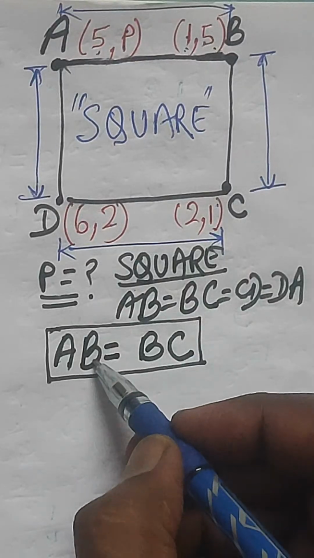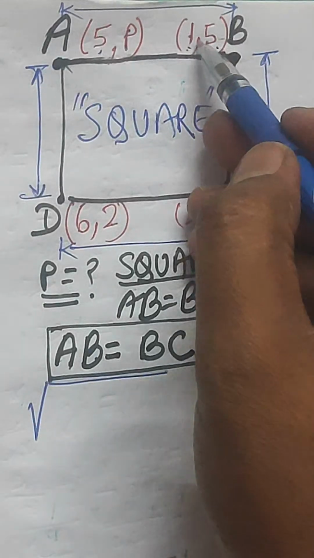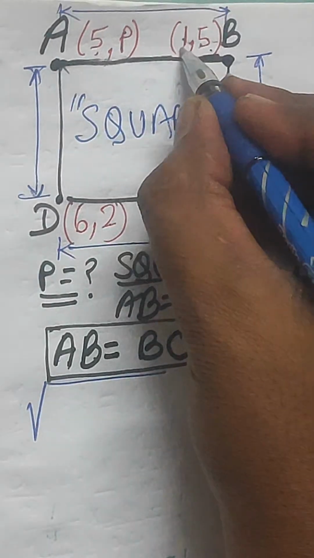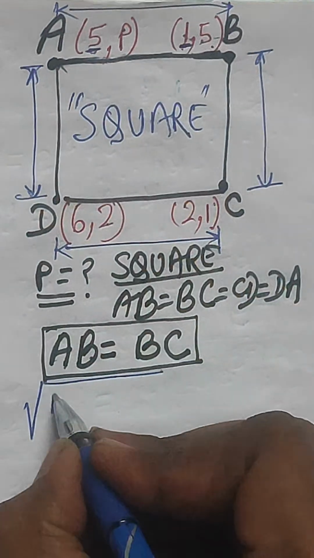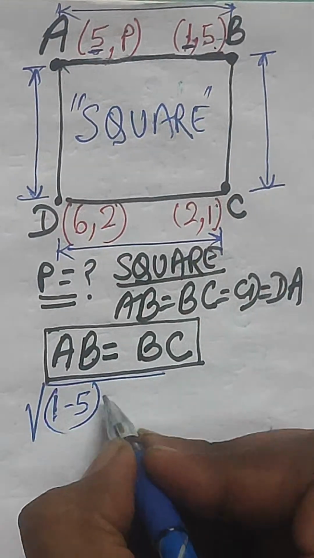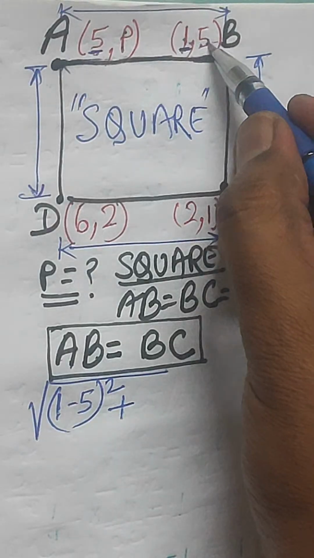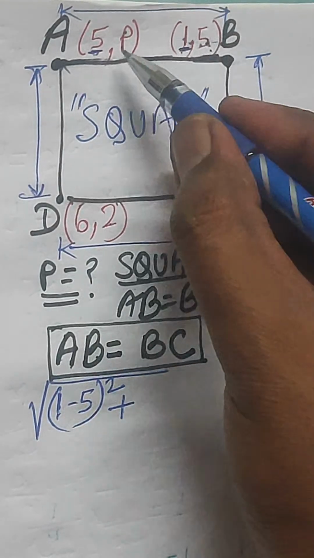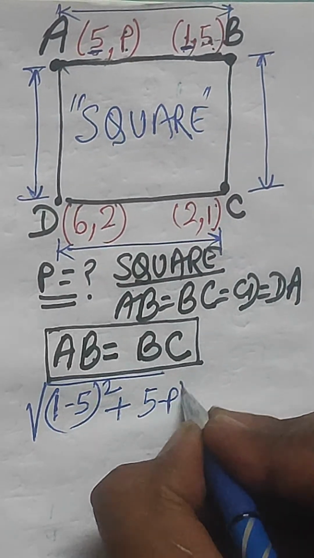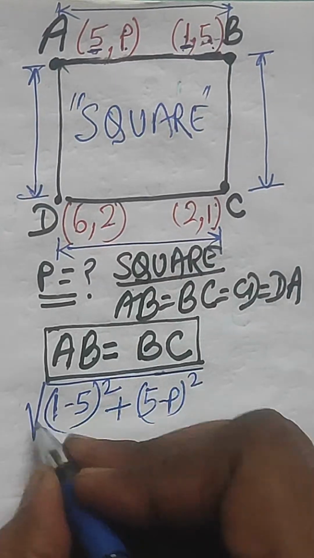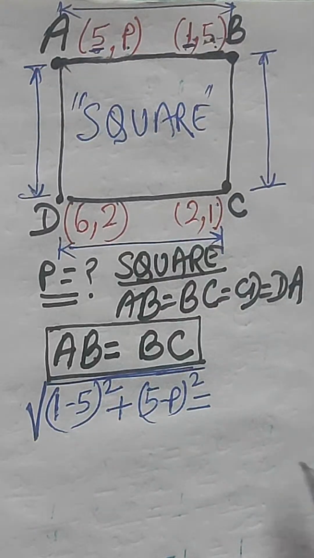So what is the length of AB? Length of AB is root over of (1 minus 5) whole square, that means the abscissa of B minus abscissa of A, right? Plus the second one, the ordinate. What is the ordinate of B? That is 5. And what is the ordinate of A? That is P. So that is (5 minus P) whole square, root over all this. This will give you the length of AB, and this is equal to the length of BC.